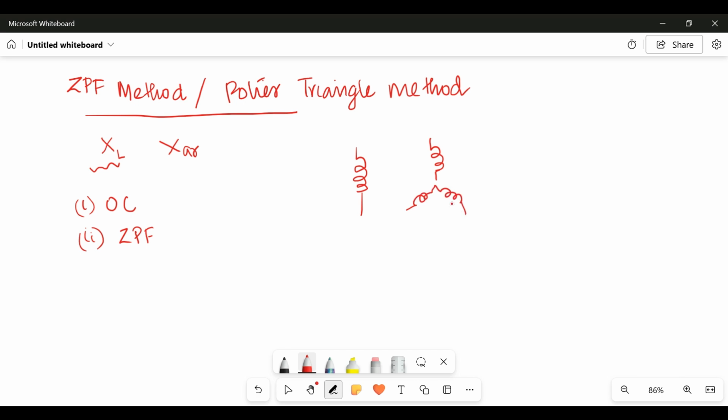Here, the field winding is provided with the DC excitation, and also here a rheostat is there, a variable resistance, and an ammeter to measure the field current. For the armature winding, we have an ammeter to measure the armature current and a voltmeter.